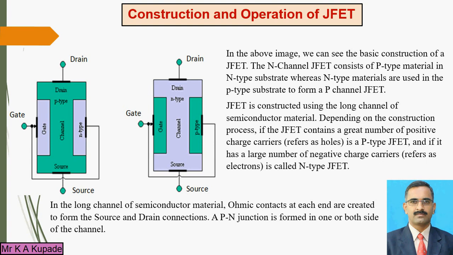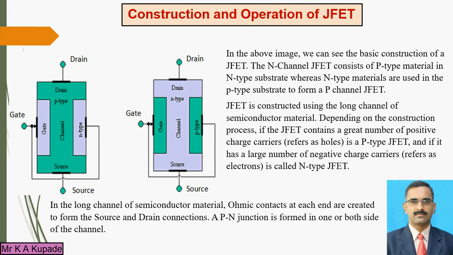Similarly, in the N-type channel, the green type of material is diffused at the bar of this N-type channel. At the side of this N-type channel, it shows the gate terminal. So just carefully see these figures.